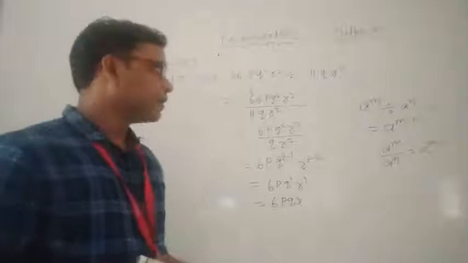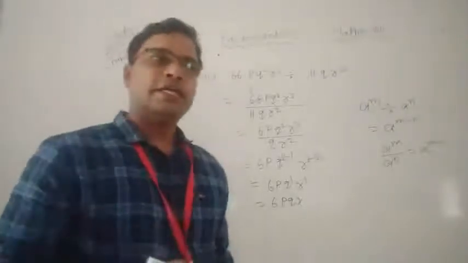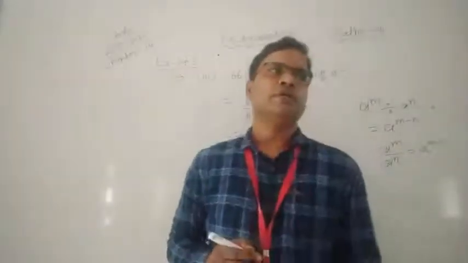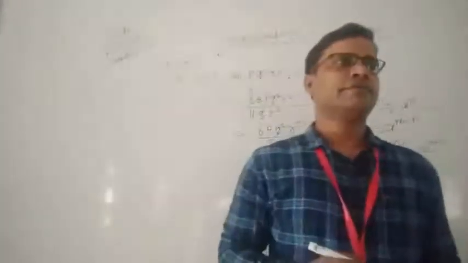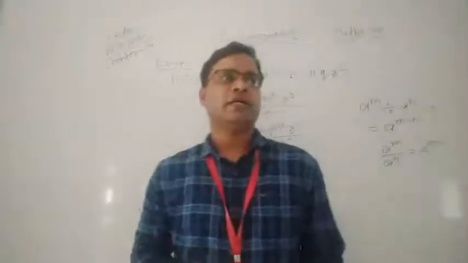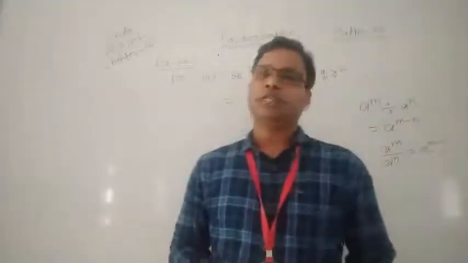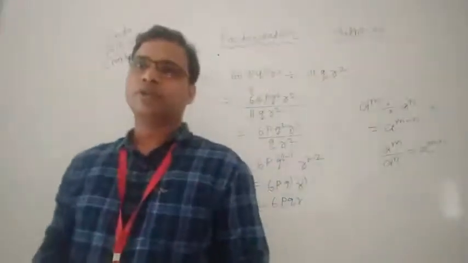Okay. Now the next part of this question is 34 x square y power 3 z power 3 divided by 51 x y square z power 2. So let's see how to solve this question.